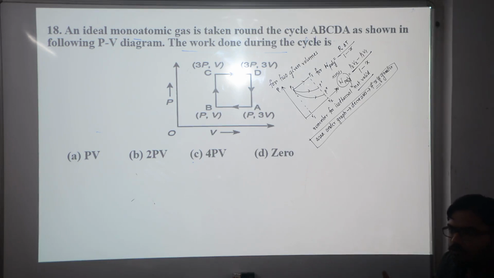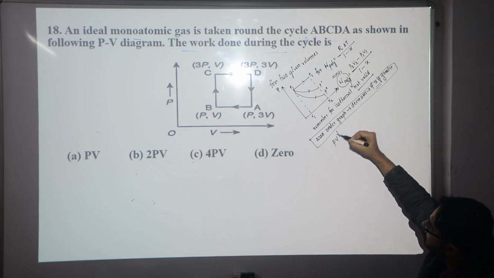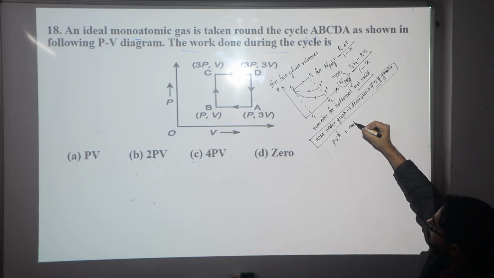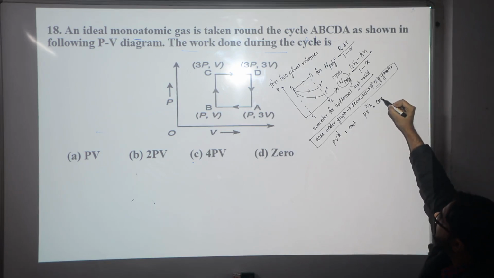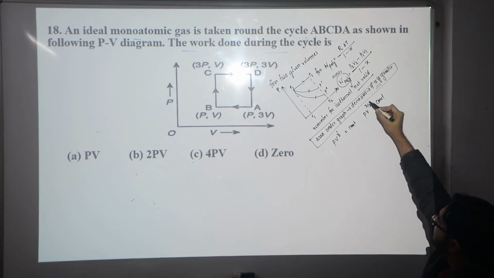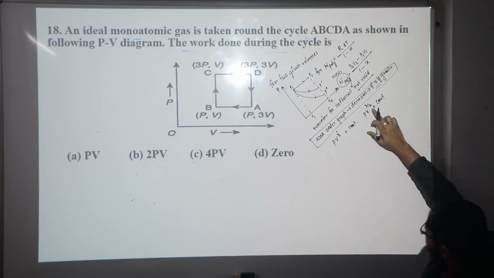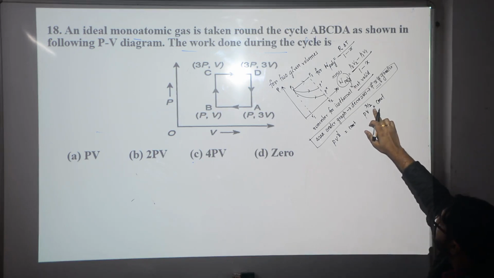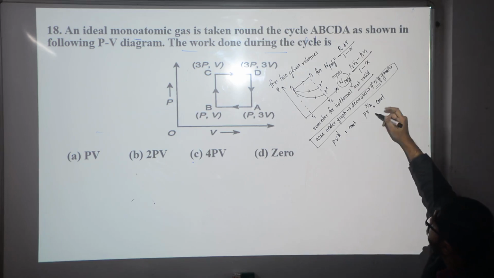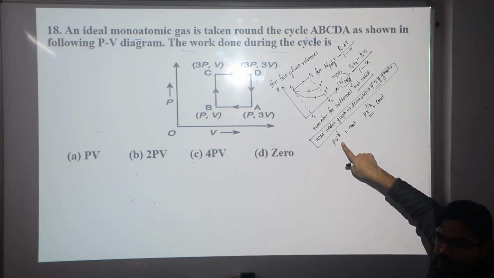In the first process x is half, in the second x is 3/2. Clearly half is less than 3/2. Am I making my point or not? Did you understand? Since 3/2 is greater than half, this will produce less work and this will be producing more work.